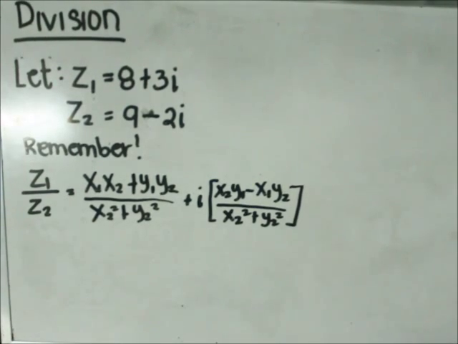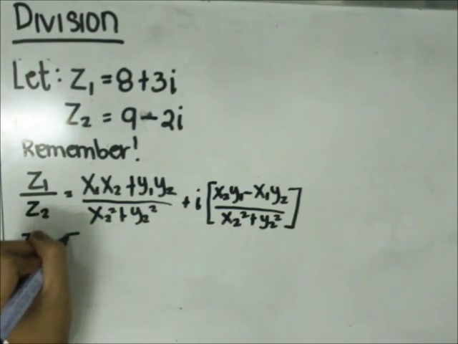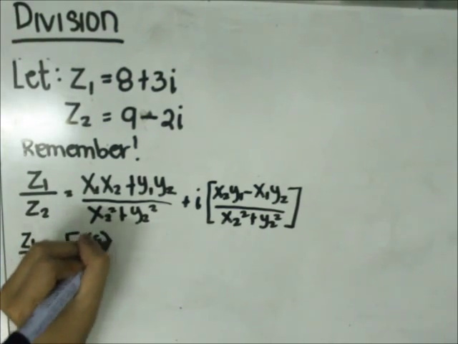Here is an example of division. Let z1 be equal to 8 + 3i and z2 be equal to 9 - 2i.